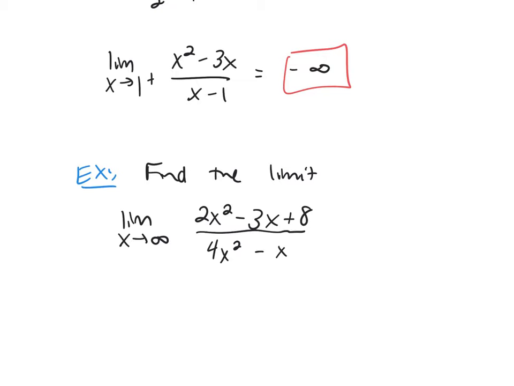Here, my largest degree in the top is 2, in x squared. My largest degree in the bottom is 2 as well. If they have the same degree, which they do here, then the limit becomes the ratio of these coefficients. So this limit would be 2 over 4, or 1/2.